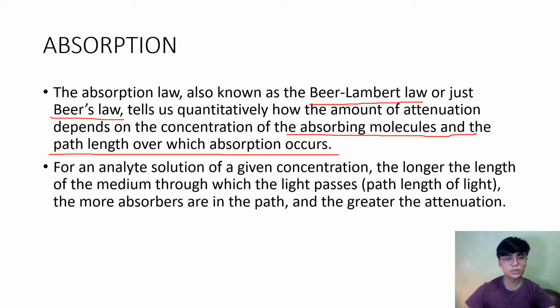As light passes through a medium containing an absorbing analyte, the intensity decreases as the analyte becomes excited. For an analyte solution of a given concentration, the longer the path length of light, the more absorbers are in the path, and the greater the attenuation. Similarly, for a given path length, the higher the concentration of absorbers, the stronger the attenuation.